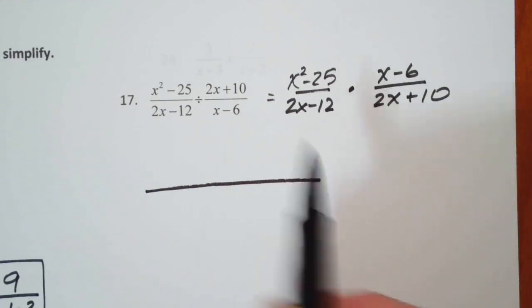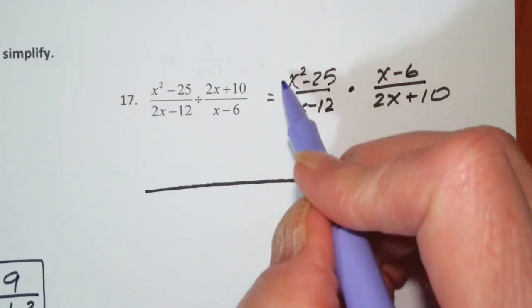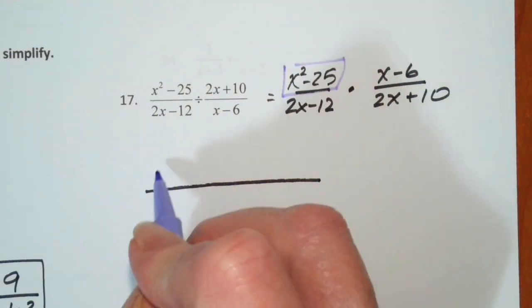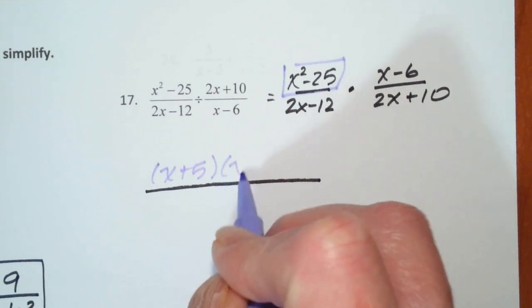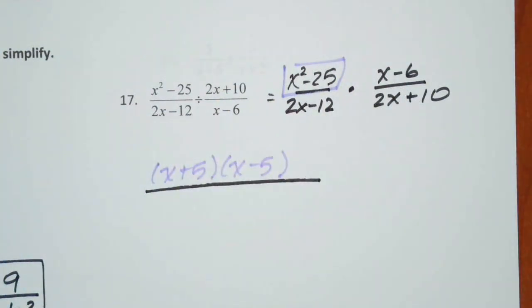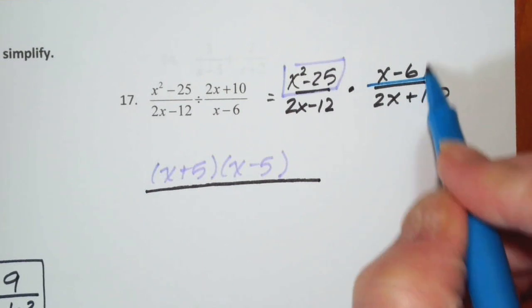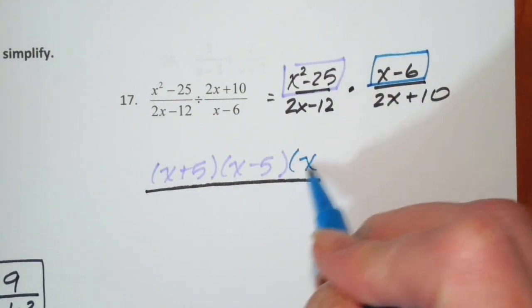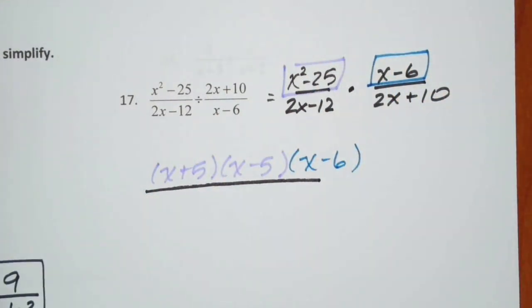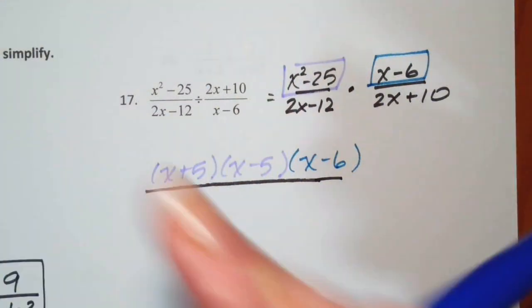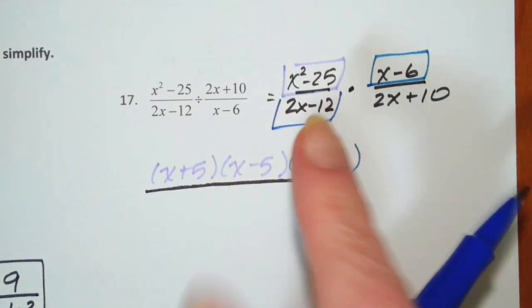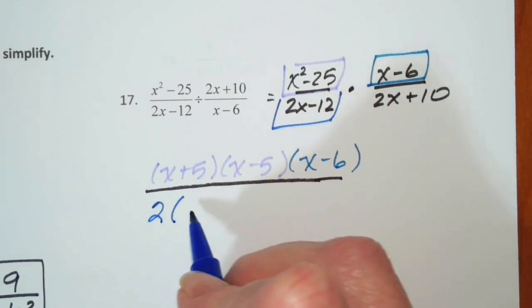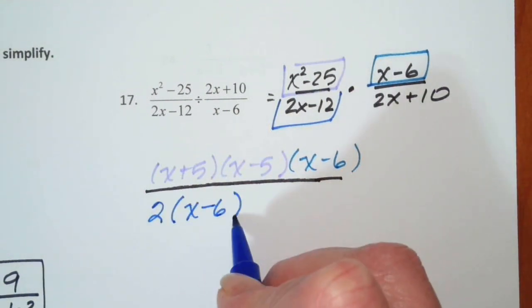Okay, so if I want to multiply straight across, x squared minus 25, difference of squares: x plus 5 times x minus 5. x minus 6 can't be factored, so I just leave it as x minus 6. 2x minus 12 has a common factor of 2, and I'm left with x minus 6.